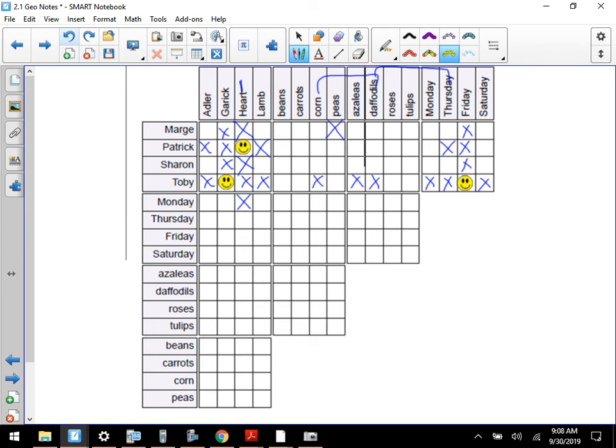Whoa! All these X's on my picture. The gardener planting on roses is not planting on Thursday. Sharon Adler is planting peas. Let's do Sharon Adler first. So here's Sharon Adler, which means Marge is not Adler, it's Marge Lamb.